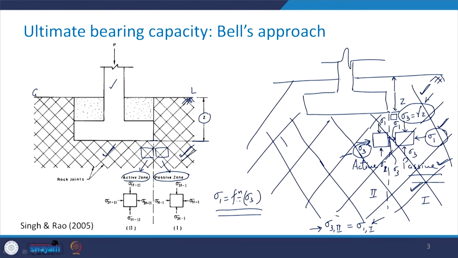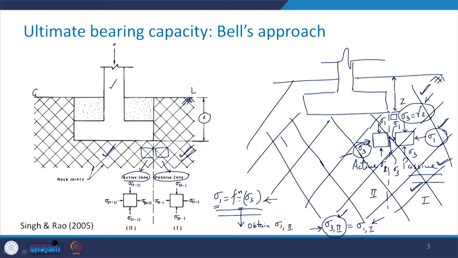After knowing this, and we know that this rock mass is following this expression, that is sigma 1 is some function of sigma 3, then here we know sigma 3, and using this expression we can obtain sigma 1 in the second zone, that is the active zone.